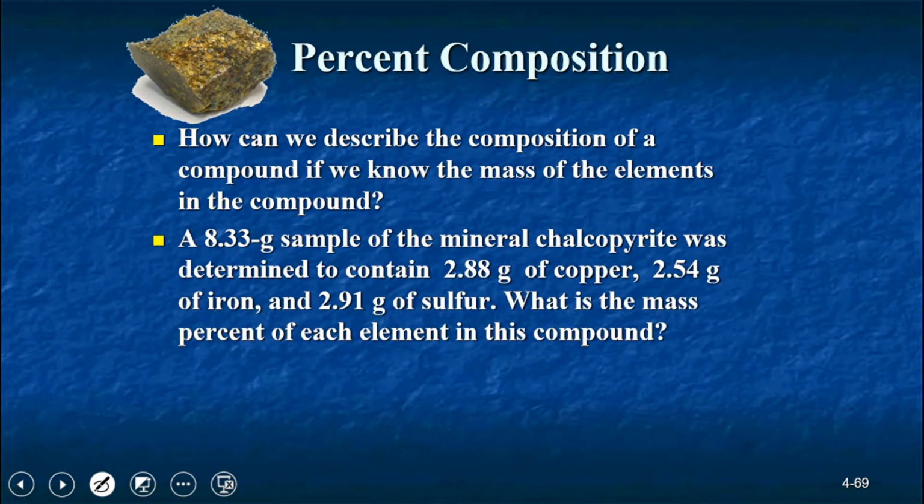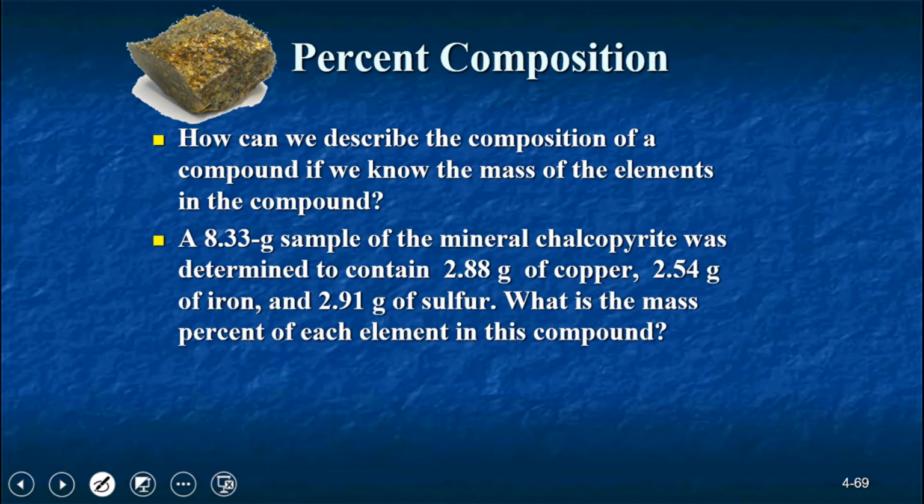So let's do a little practice here. We're trying to describe the composition of a compound where all we know is what it's made of, and all we know is the mass of each element in a given sample of that compound. I'm showing you here a picture of a mineral called chalcopyrite. It is one of several copper minerals.